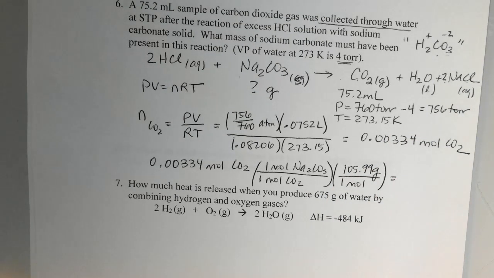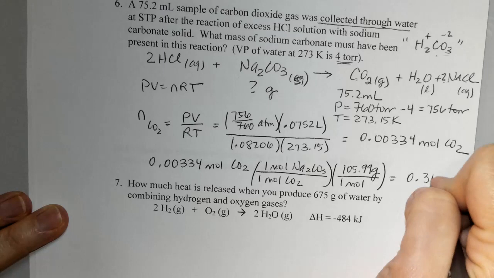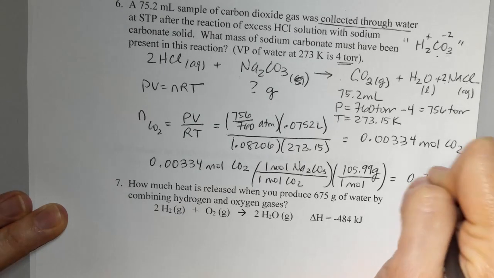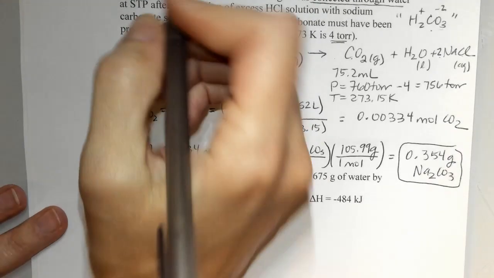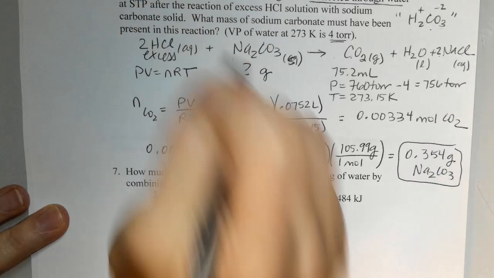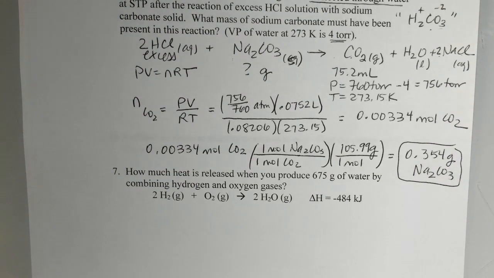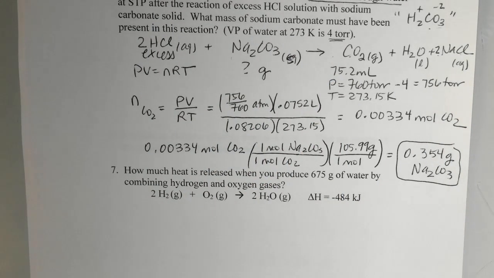So when I take that and multiply that by the 0.00334 moles, I get a mass of 0.354 grams of sodium carbonate. So that would be the mass of sodium carbonate that must have been present. Again, this was excess HCl, so we didn't have to worry about it. And that would have been the mass of sodium carbonate that would have had to have been there to generate that volume of CO2 under those conditions.